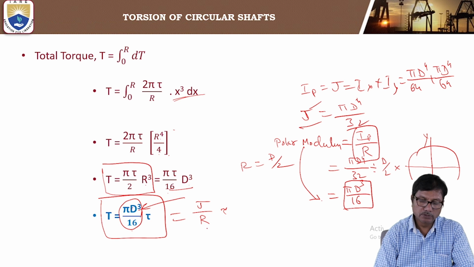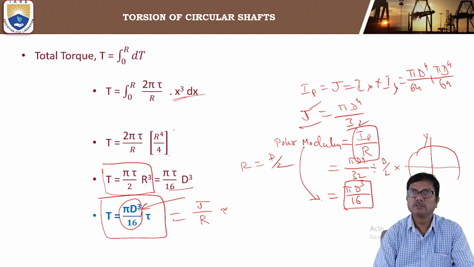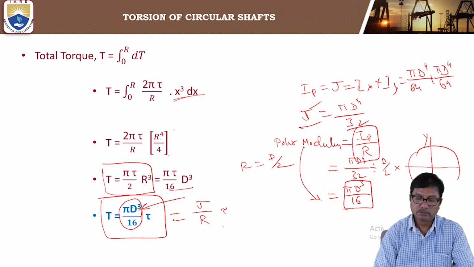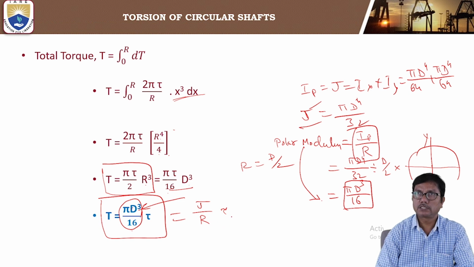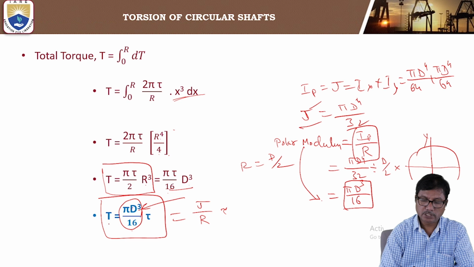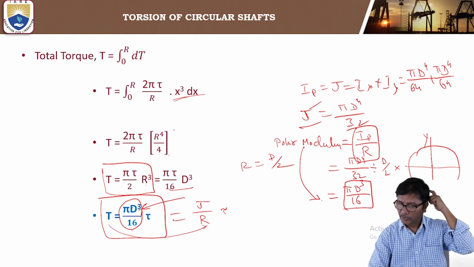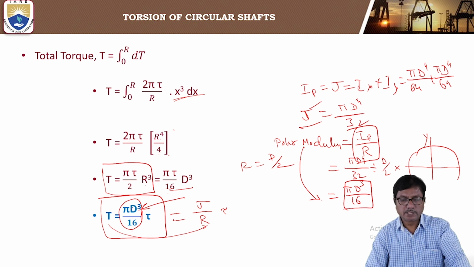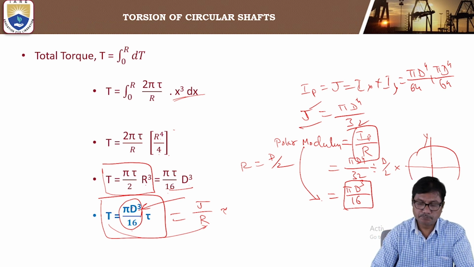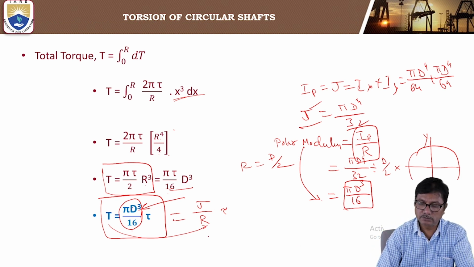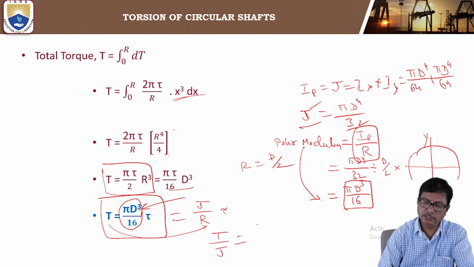So from which you will get, this is another relation actually. Twisting moment is equal to J by r into tau, or T by J is equal to tau by r.